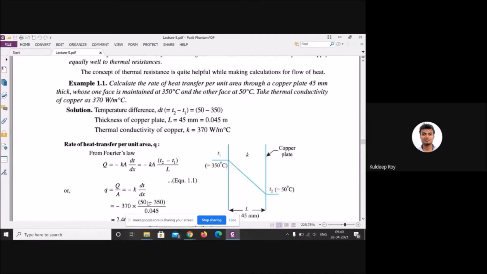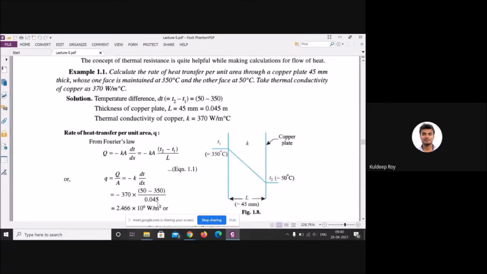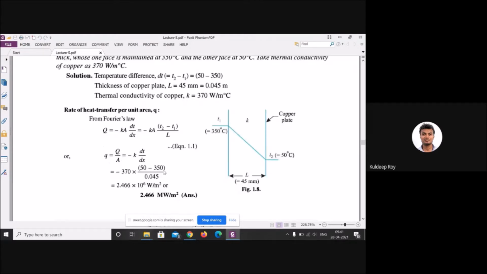Delta T is 50 minus 350, multiplied by 1 over delta X. The thickness is given as 45 mm, then convert into meters, 0.045. Then you get the heat transfer.